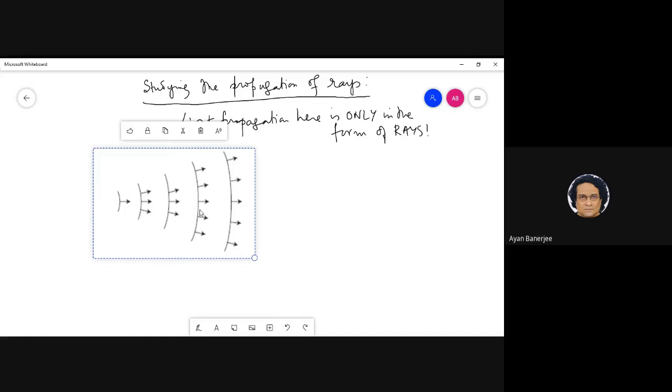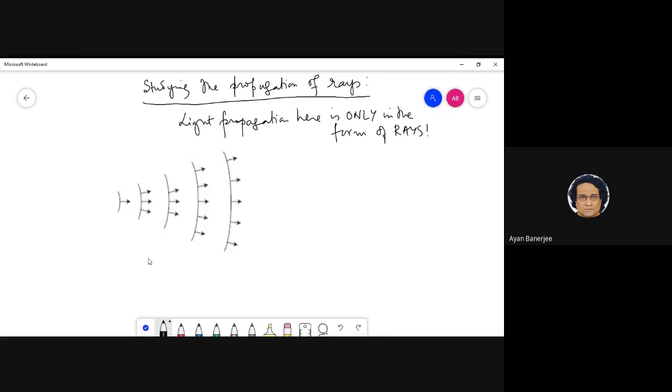So basically, what we are saying is, essentially, this is my wavefront. If I consider these, these are essentially wavefronts. Now my wave is traveling in this manner, right?